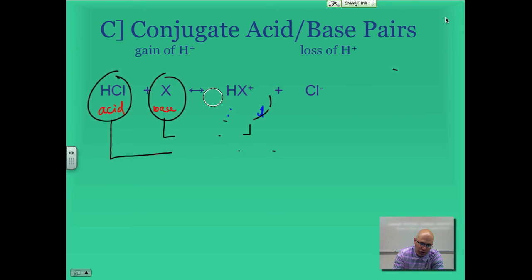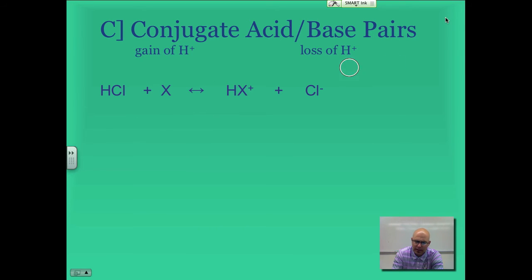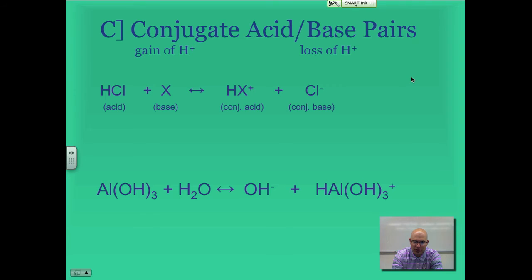Let me just quickly show you another. So same situation here: AlOH3 and H2O. If you're not sure whether this AlOH3, aluminum hydroxide, is an acid or a base, notice what happens on this side.